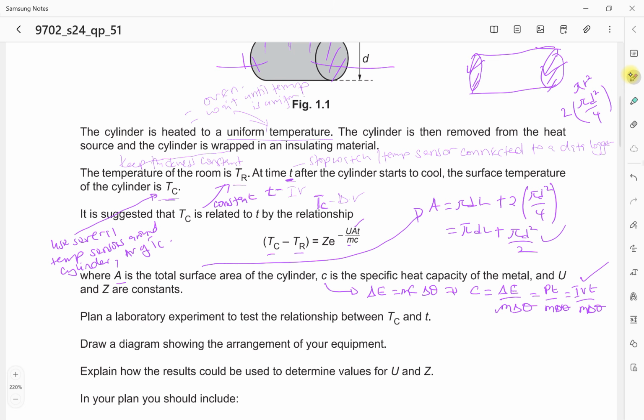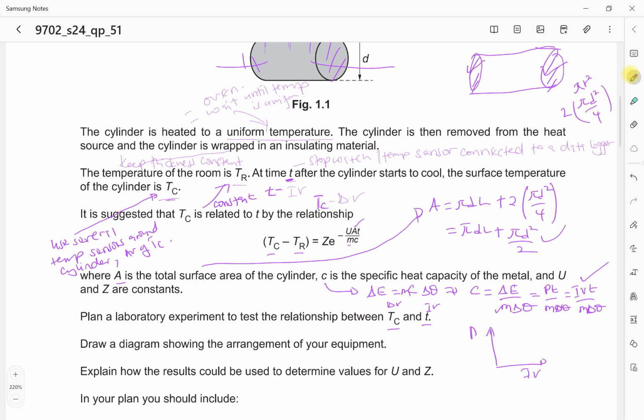Plan a laboratory experiment to test the relationship between Tc and t. Remember, small t is the independent variable and capital Tc is the dependent variable. So I'm going to manipulate this equation so that, remember, we always plot the independent variable on the x-axis and the dependent variable on the y-axis.